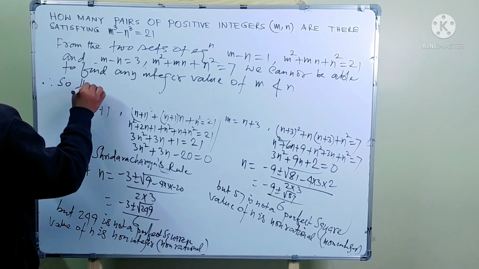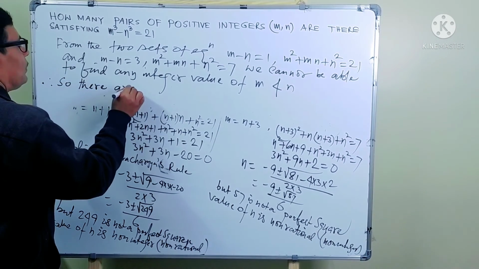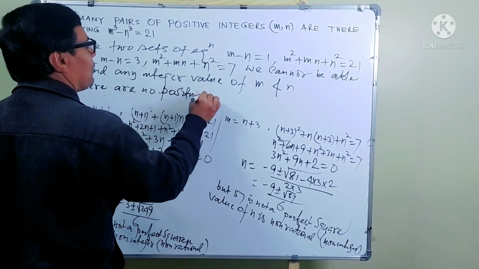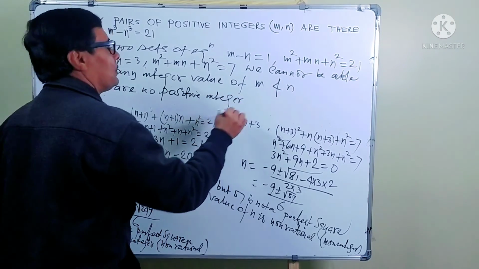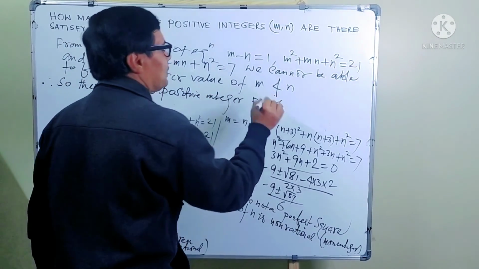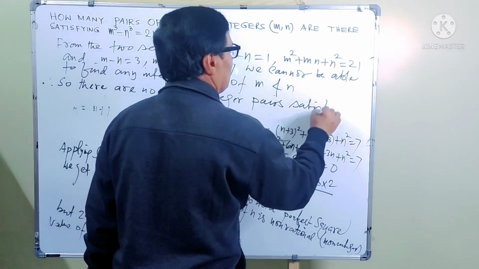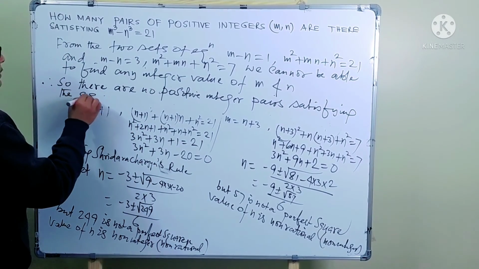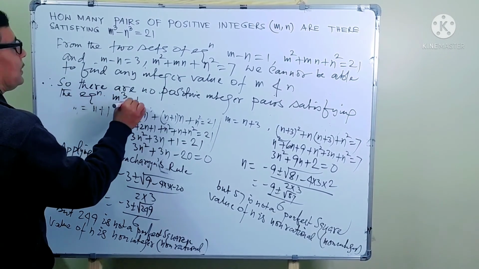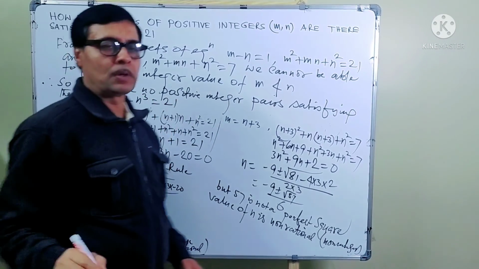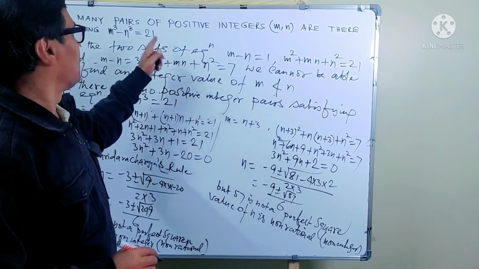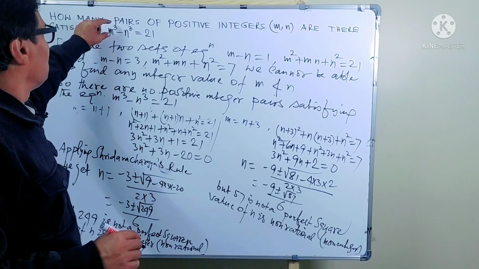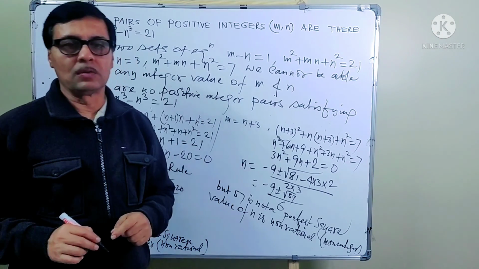So there are no positive integer pairs satisfying the equation m cube minus n cube is equal to 21. So, there is no positive integer solution of m, n for this equation m cube minus n cube is equal to 21.